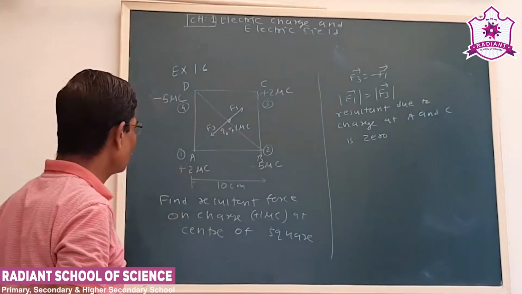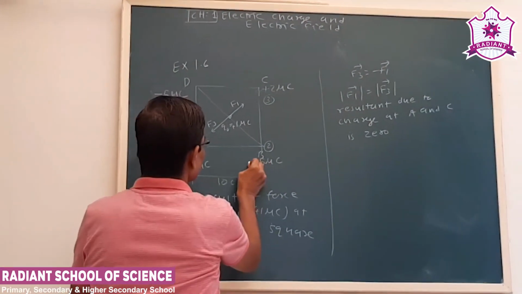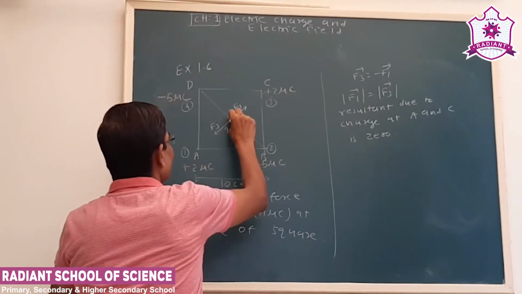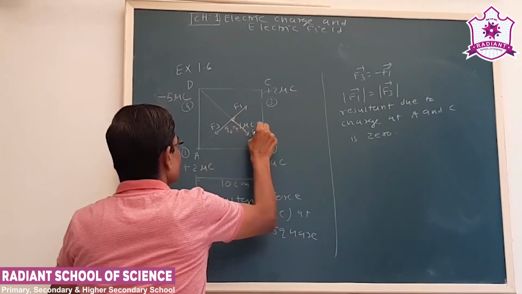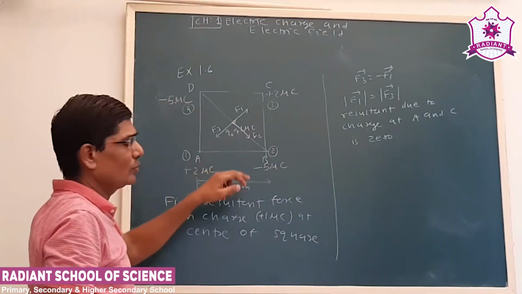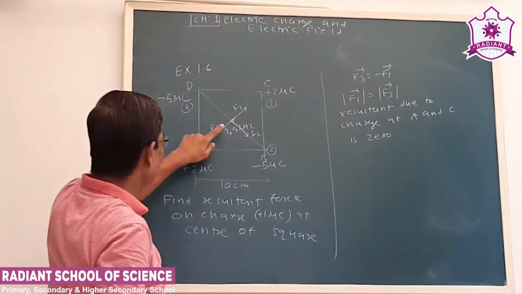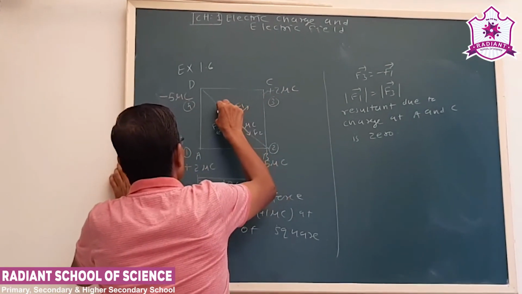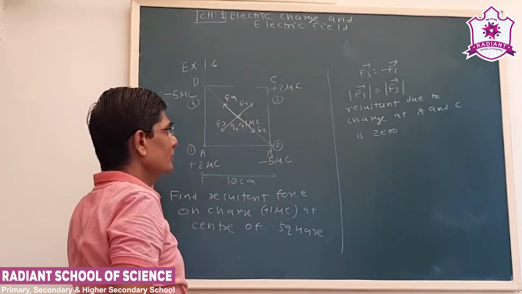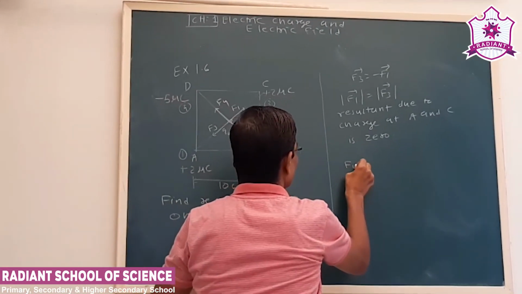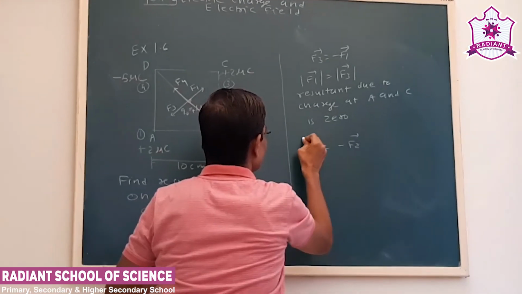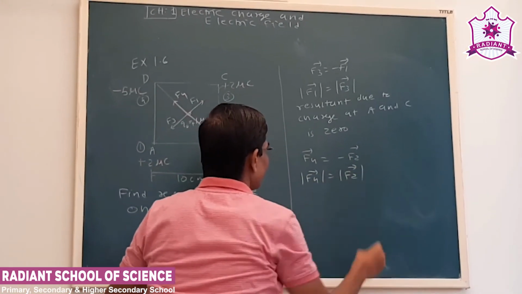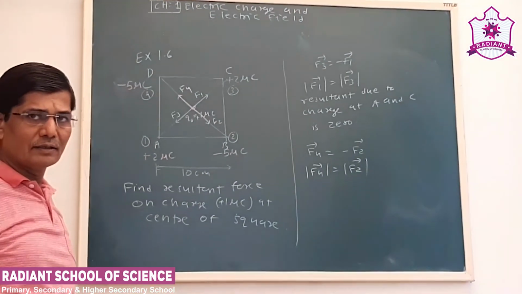Now see the force because of the minus 5 microcoulomb charge. This will be attractive. Let us say this will be F2. Why? Because of negative and positive, the force is attractive. Similarly, the negative charge on vertex D will also attract, F4. Now see here, F4 is minus F2. Again, these are equal and opposite.